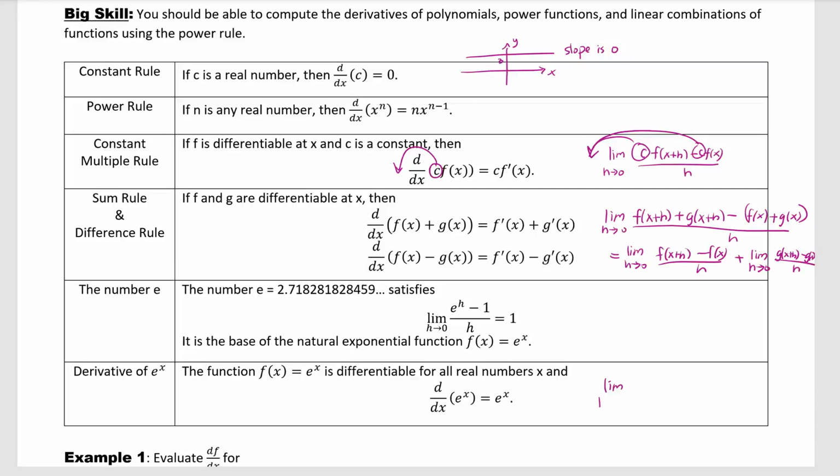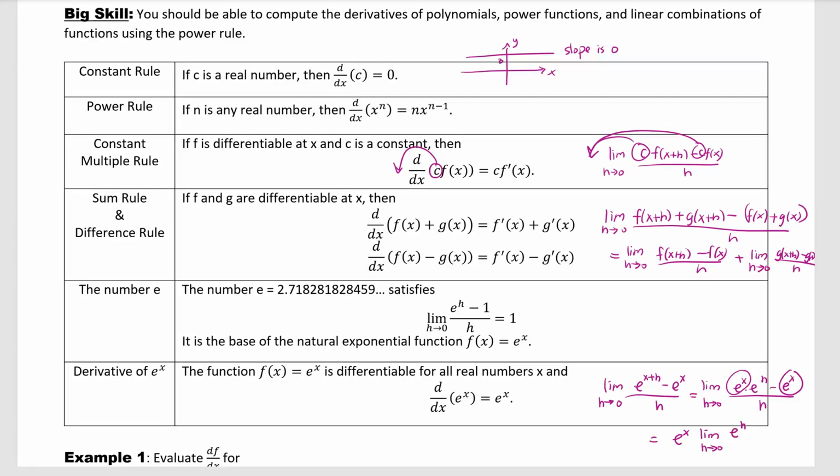Well, that is the limit of e to the x plus h minus e to the x over h, right? But you can see e to the x plus h is e to the x times e to the h. Wow, what happened? Do you see the common factor e to the x on top? We can factor that out, and because it has no h, it's like a constant compared to h, then we can put it outside of the limit.